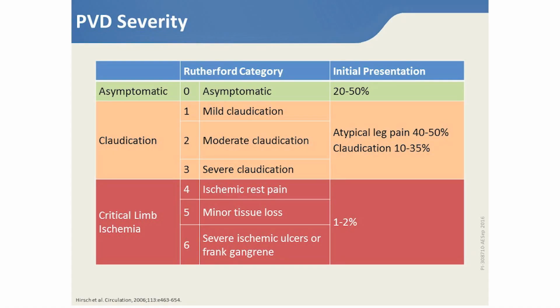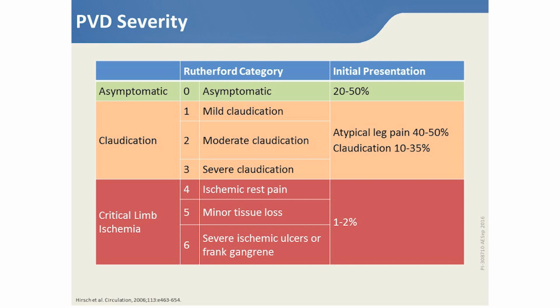Initial presentation with the symptomatic patients is usually with intermittent claudication, which can be divided into mild, moderate, and severe, with moderate and severe more likely to affect patient lifestyle and sometimes significantly impact on ability to perform their work. The typical claudication will affect up to 30% of those patients, whereas atypical leg pain or leg symptoms may affect up to 50% of those patients presenting with suspicion of claudication.